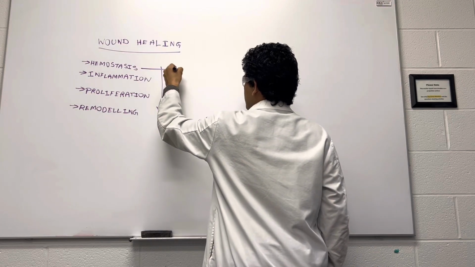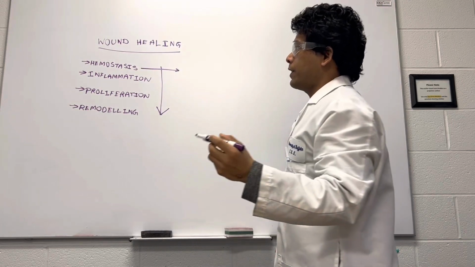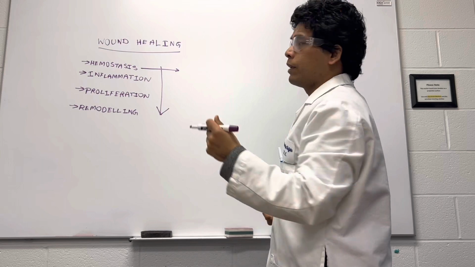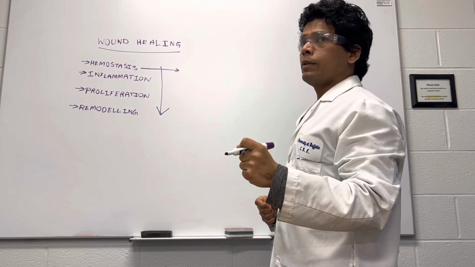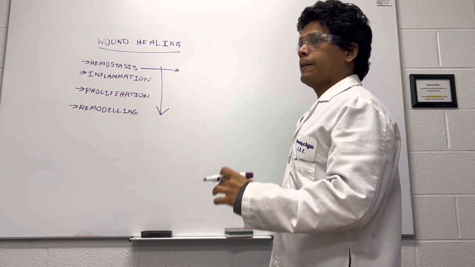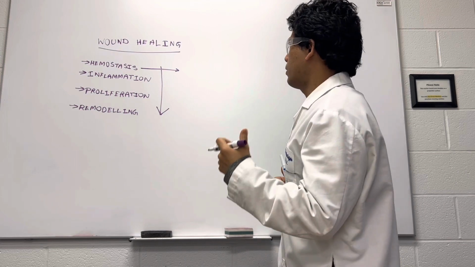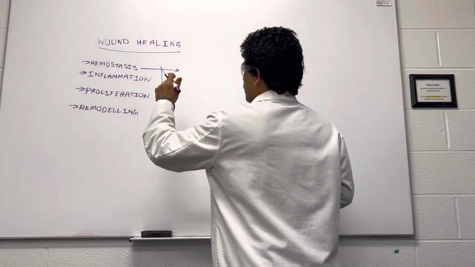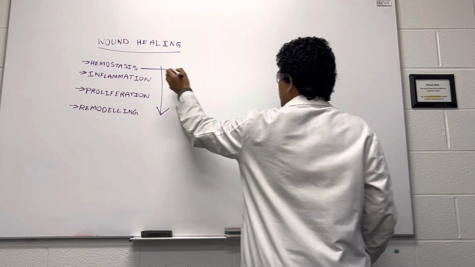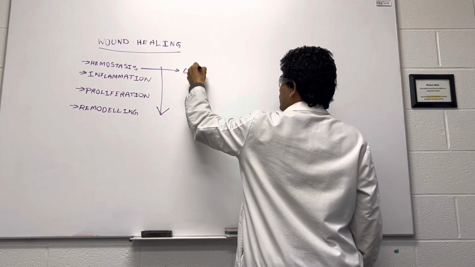Hemostasis is the first step that occurs whenever a wound is observed by the cellular machinery. The first step in hemostasis is clot formation.